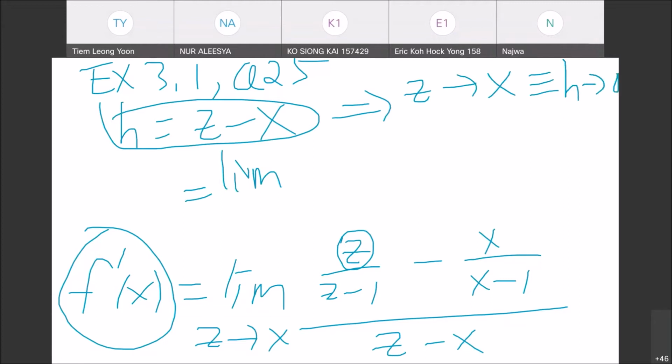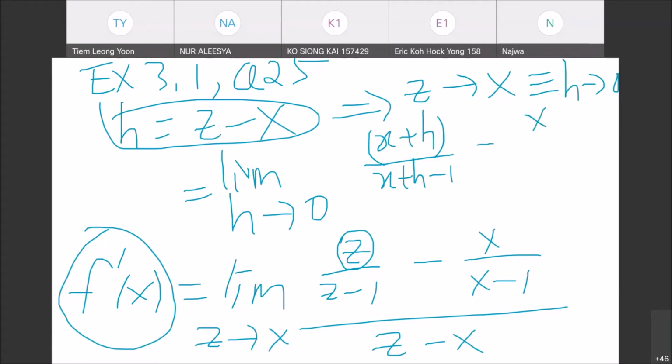So I'm just translating the derivative into the form of the variable h, which is nothing much different from the previous definition. z is h plus x, so this is my z, and z minus x is h. So again, z is h plus x, minus 1, then minus x over x plus 1, divided by h.